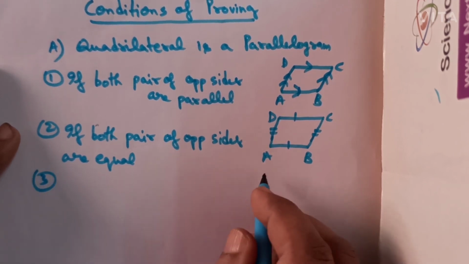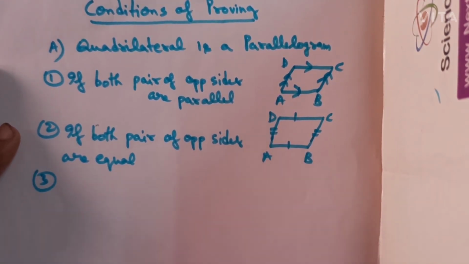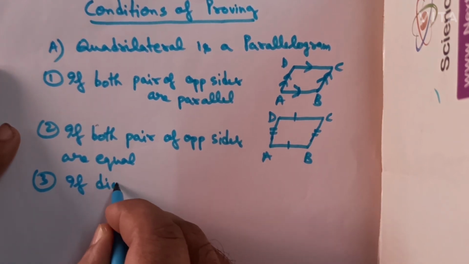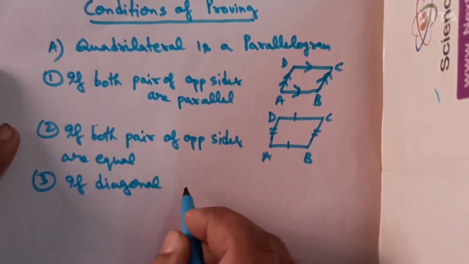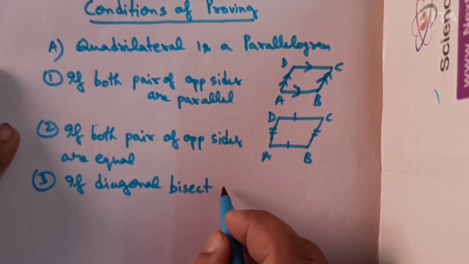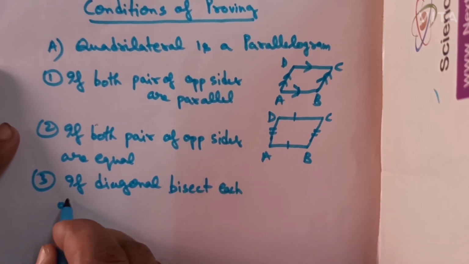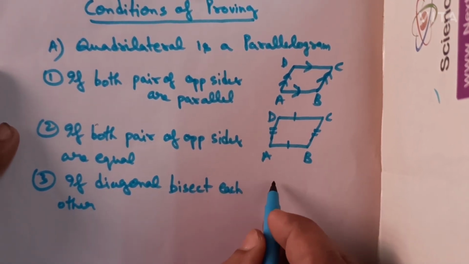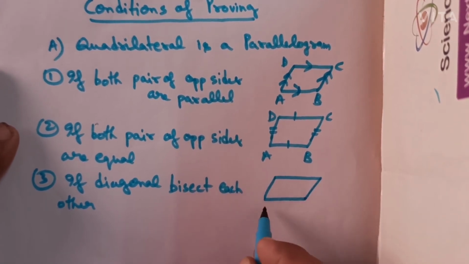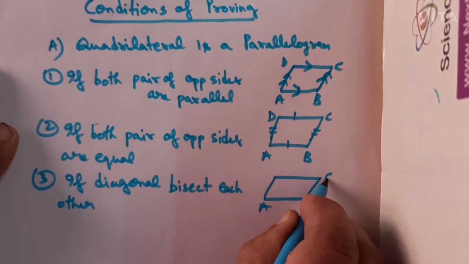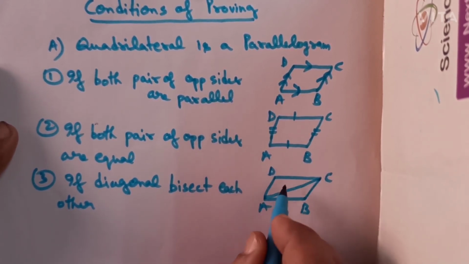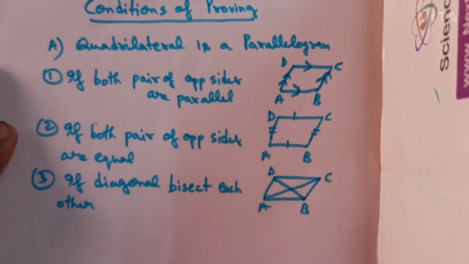Third, if the diagonals bisect each other, then it is a parallelogram. A quadrilateral in which the diagonals bisect each other, like ABCD, where the diagonals AC and BD are bisecting each other.